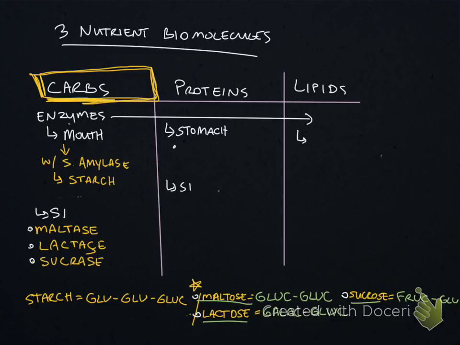So what about protein digestion? Well, it begins in the stomach with the help of pepsinogen. And pepsinogen ends in ogen, so we know it is a zymogen. And a zymogen is an inactive enzyme.